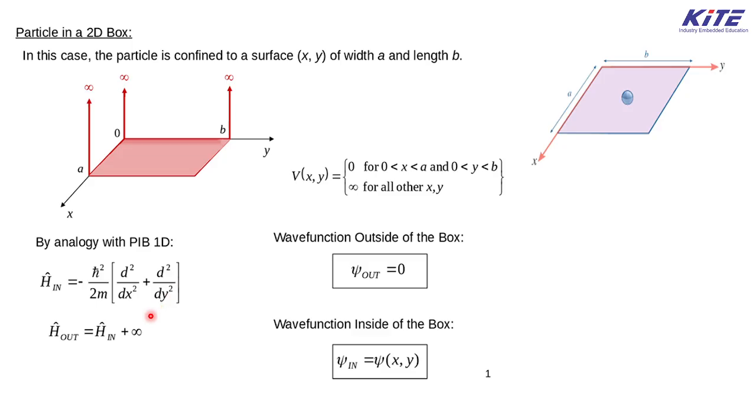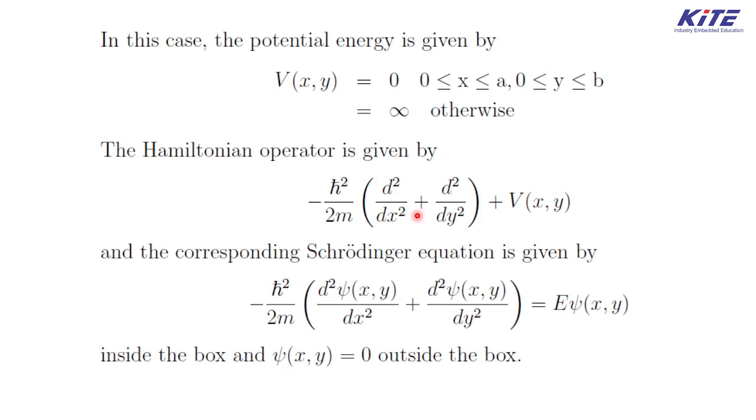The corresponding Schrödinger equation: minus h cross squared divided by 2m, d squared psi of x comma y divided by dx squared plus d squared psi of x comma y by dy squared is equal to E psi of x comma y inside the potential box, and psi of x comma y is equal to 0 outside the box.